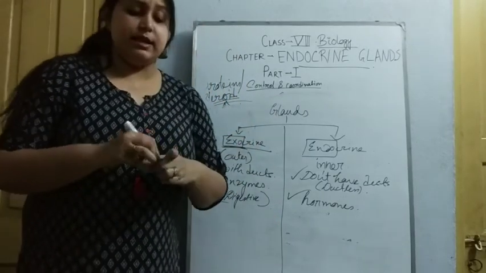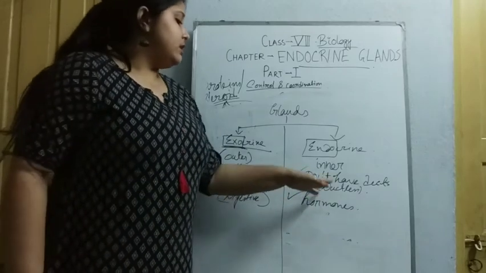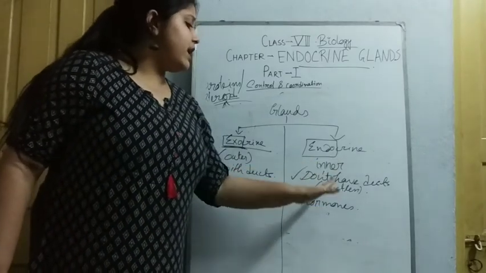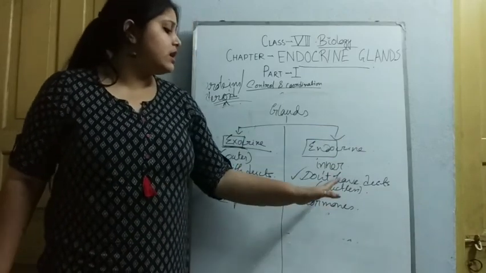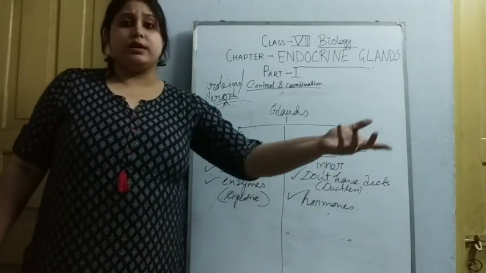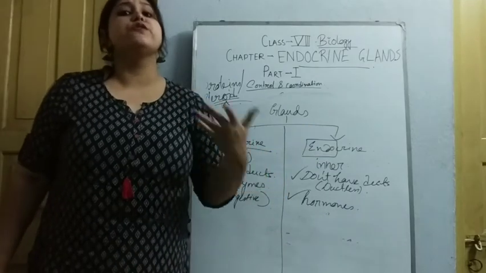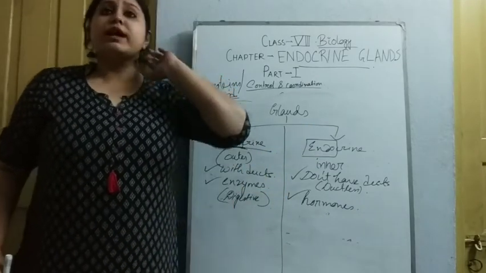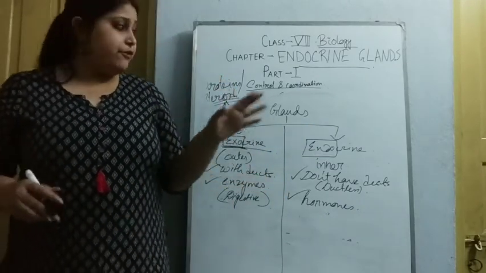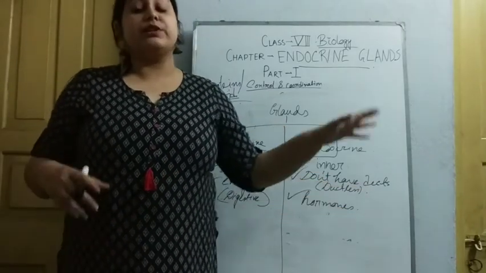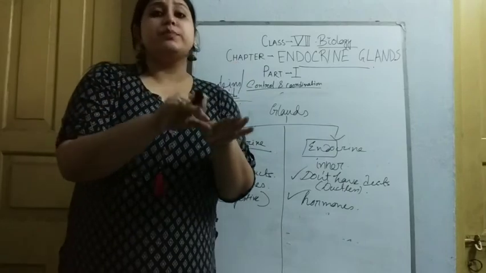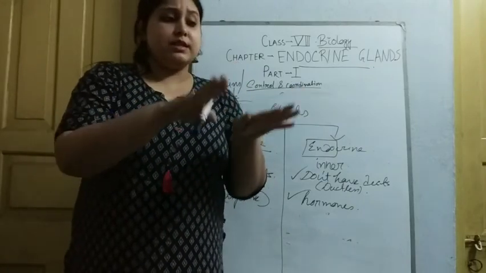As the endocrine glands don't have any ducts, how do the hormones travel to the target cell? It's not that the glands which secrete the hormones and the target cells are always present nearby.